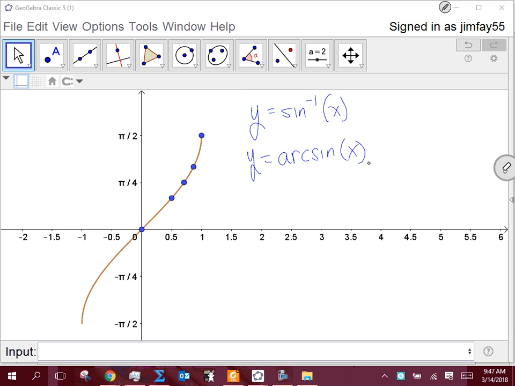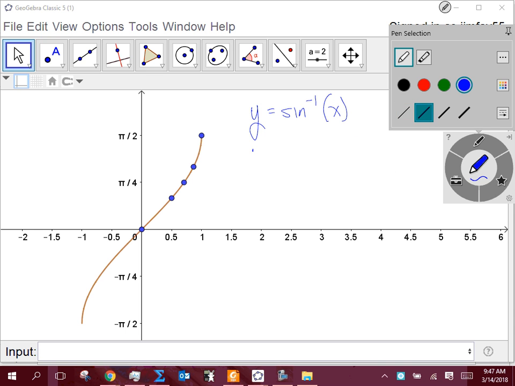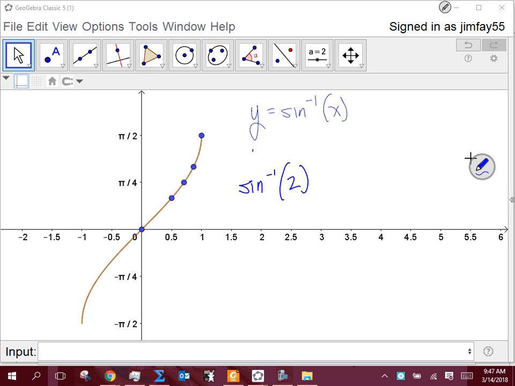But you will get asked questions like this. What is the sine inverse of, let's just say, 2? Now remember, sine inverse is a function, so this has got to be your input. And remember, your input is always your domain, or your x values.